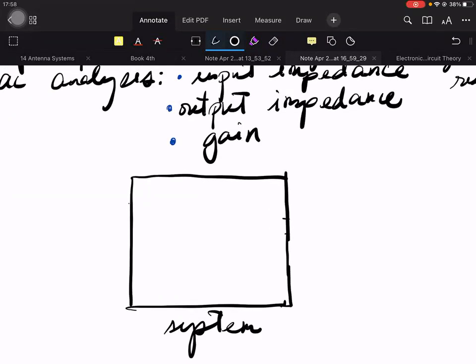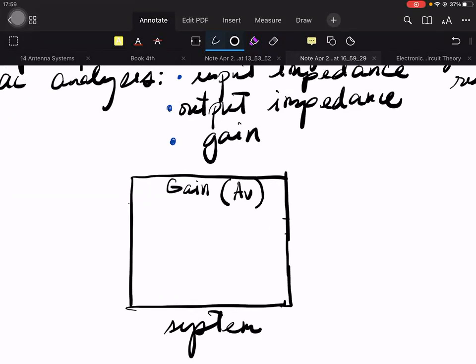We put it up here. The gain of the amplifier will use the letters AV to denote gain. Usually A is used for gain, and because this is a voltage gain, AV.